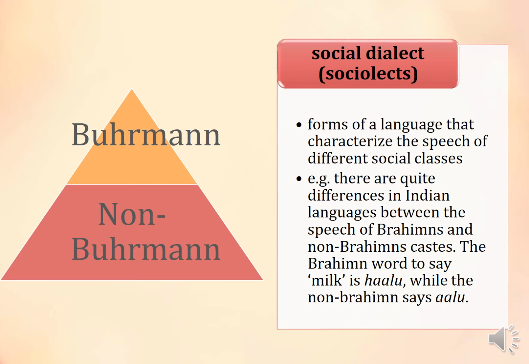There is quite a difference in Indian languages between the speech of Brahmin and non-Brahmin castes. The Brahman word for milk is halu, while the non-Brahman says alu. It means people maintain the standard of their languages. We are not just talking about Europe, we are talking about Asian countries, and we know very well about the Indian context.